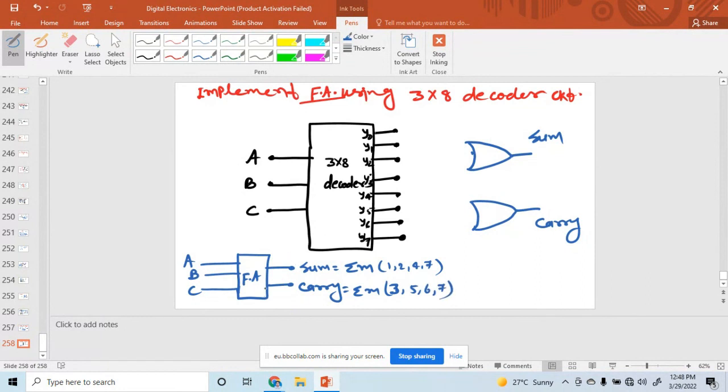Yes or no, does anyone have any doubts, any query? So where is the 1? This is the 1, the input of our OR gate. Where is the 2? Input of the OR gate. Where is the 4? Input of the OR gate. And 7, input of the OR gate.